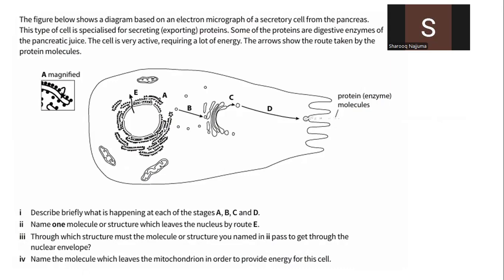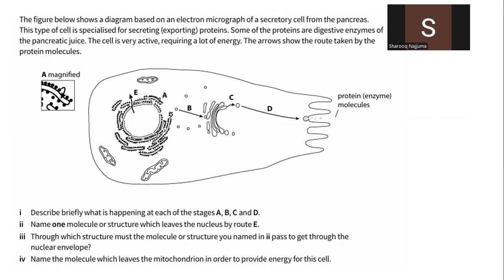Roman number 2, through which cell structure must the molecule or structure you named in Roman number 2 pass through? The envelope, to get through the envelope. What is the answer to that one? Roman number 3, which structure should the molecule we named pass through? Yes, it should pass through the nuclear pore. So the answer is the nuclear pore.